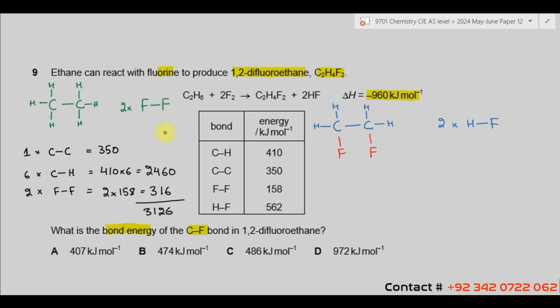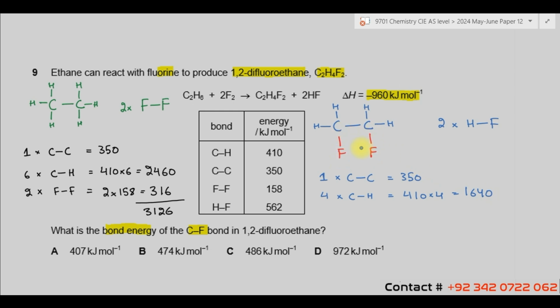Let's put in values the same way. So we have 1 carbon-carbon bond, so 350. 4 carbon-hydrogen bonds, so it's 1640.